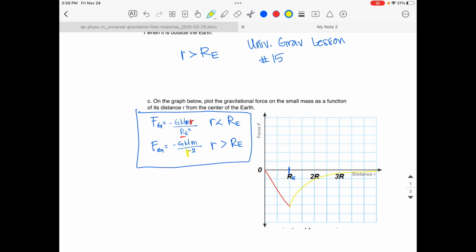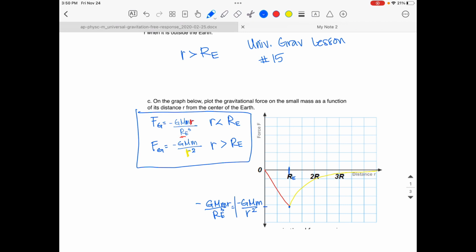Now, at the point of change, this position down here at the very bottom would be some point where we've got GMmr over R cubed, or you can call it negative, is equal to negative GMm over r squared. So they equal each other at this point.